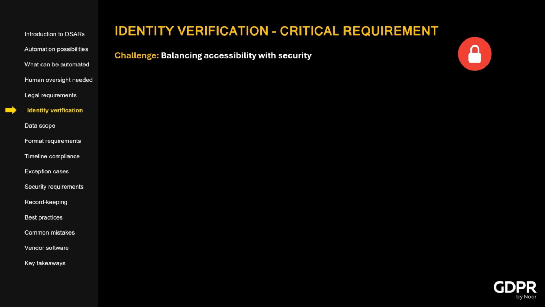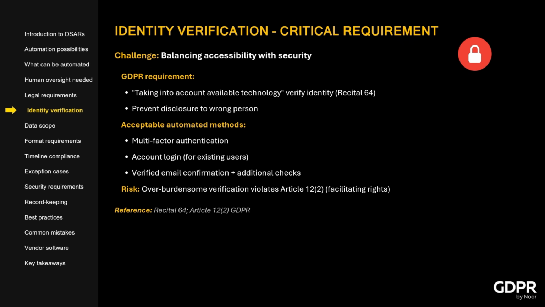Identity verification is a balance. You must confirm the requester's identity without making the process so difficult that it restricts their rights. Recital 64 calls for a proportionate approach based on available technology and reasonable cost. Acceptable automated methods include multi-factor authentication, standard account login, and verified email confirmation plus extra checks such as a security question.